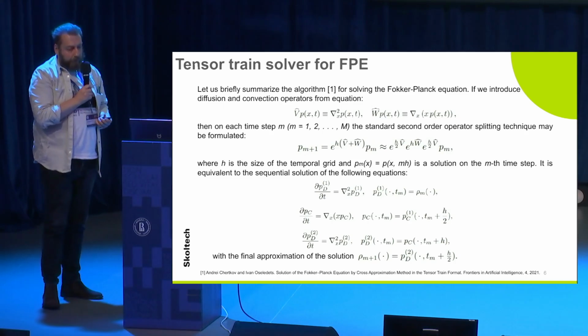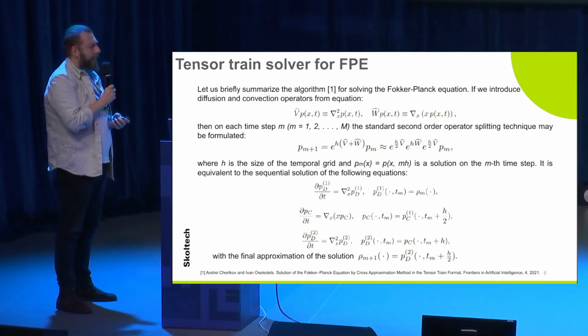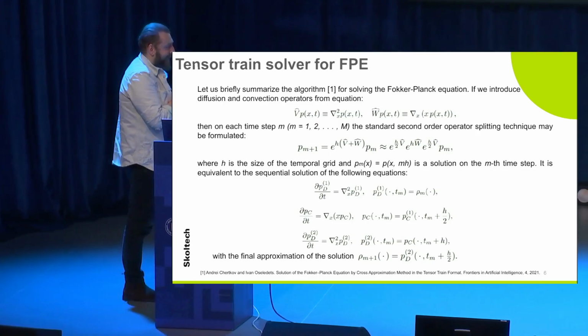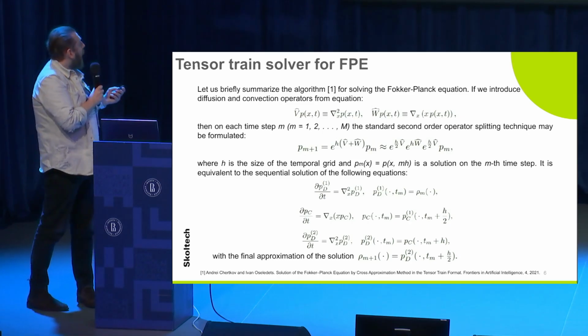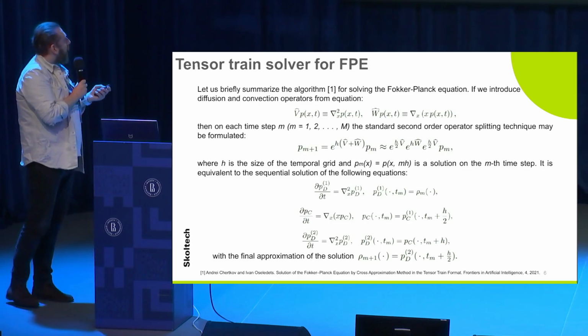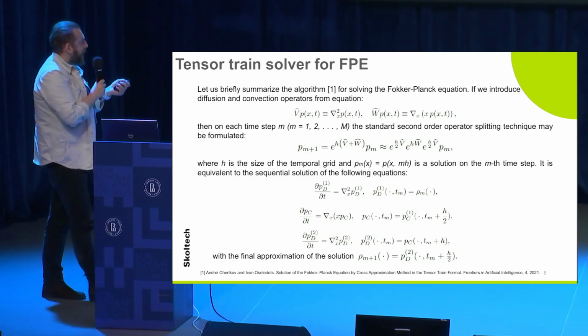To do this in the multivariate case, we also use a technique called tensor train. I have no time to explain what a tensor train is, but the main idea is that we can split the diffusion and convection operators in such a way that we apply them sequentially.